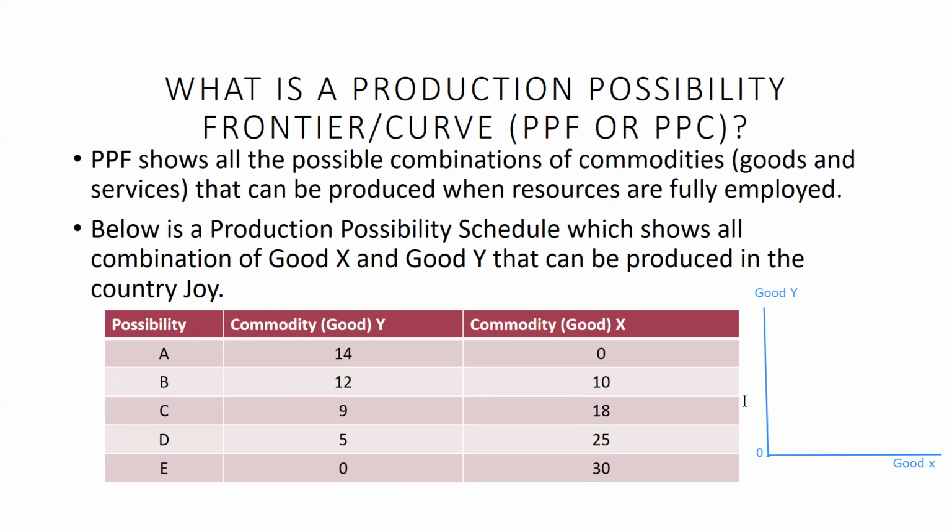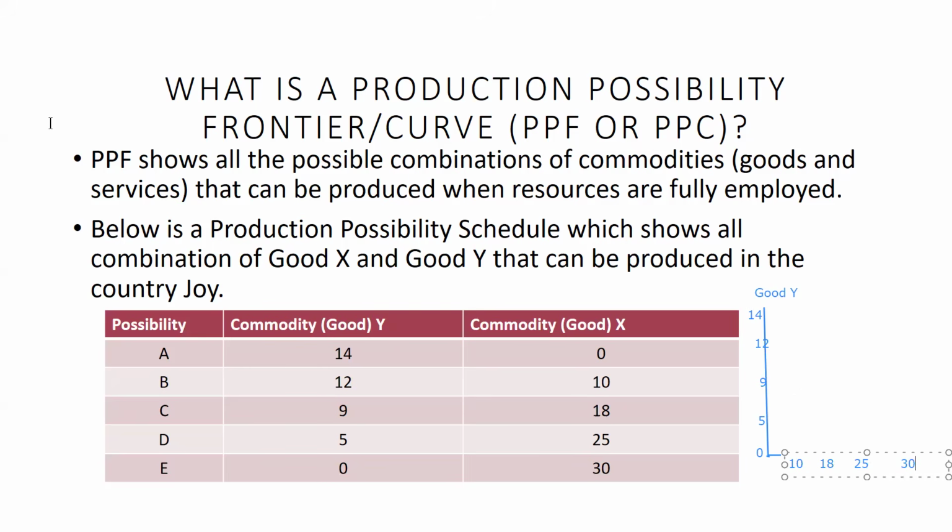And let's say this part here is 5. This is 9. This is 12. This is 14. It's just me eyeballing terribly, but approximating, right? And then for good X, let's say this is 10. Let's say this is 18. Let's say this is 25. And let's say this is 30.